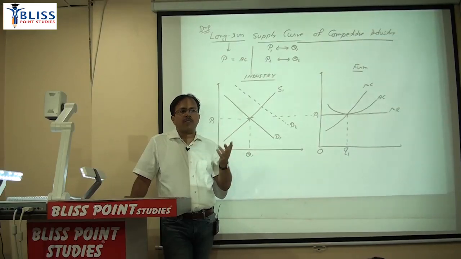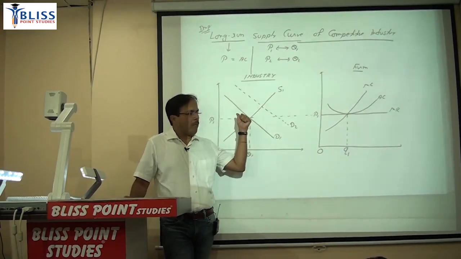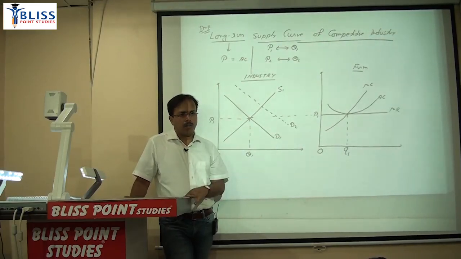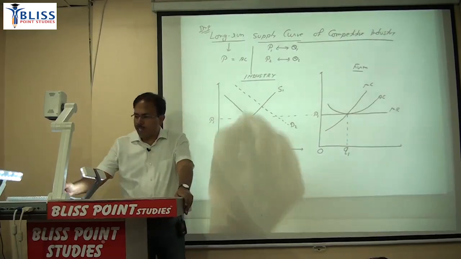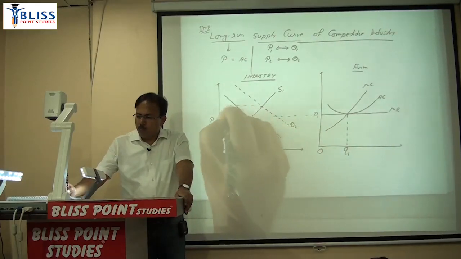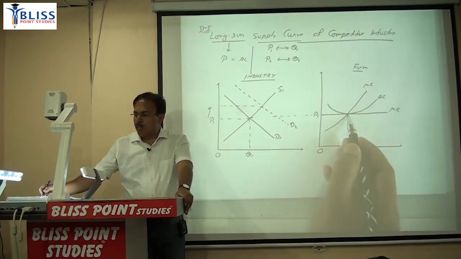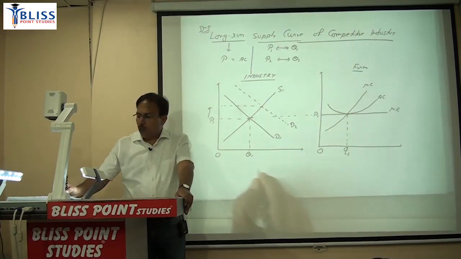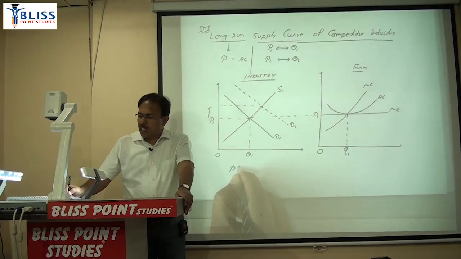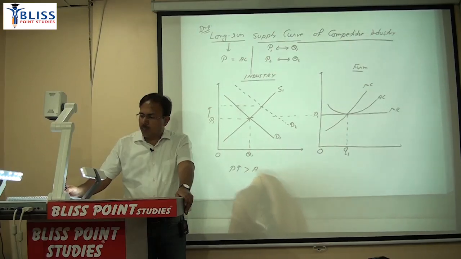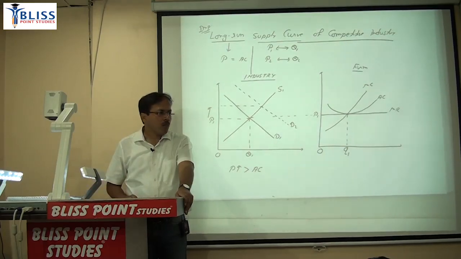Now if the demand curve shifts to the right, what will be the impact in the market? If the demand for any good increases, then what is the effect? The price will increase. Right now price was equal to average cost. Now price has increased and it becomes greater than average cost.